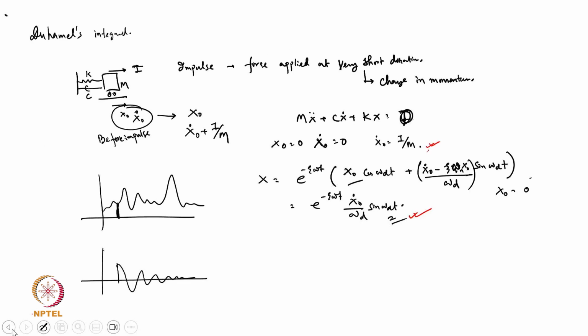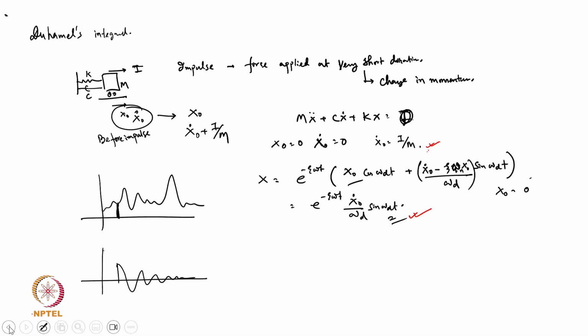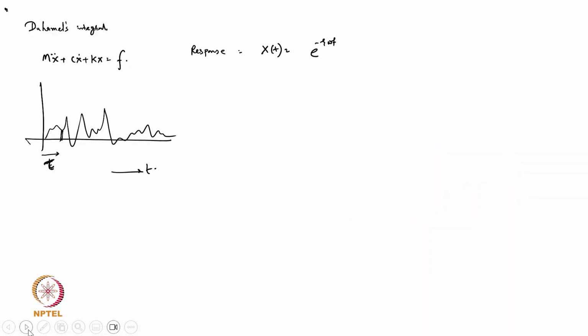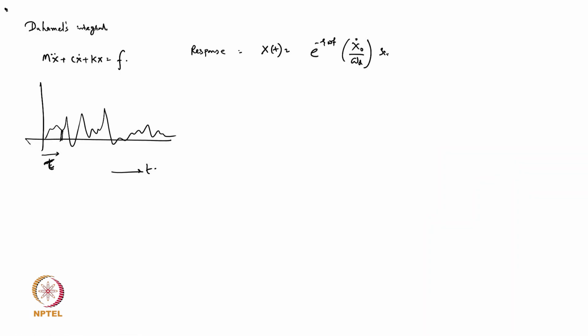We did it in the last class: e to the power of minus xi omega t, x naught, and now x naught dot was I by m.